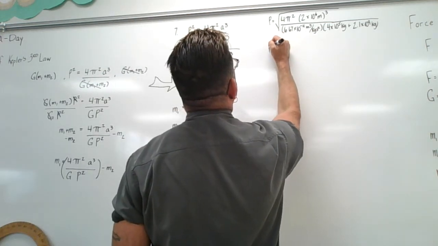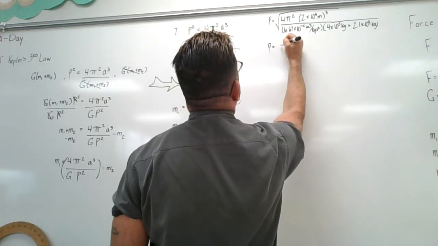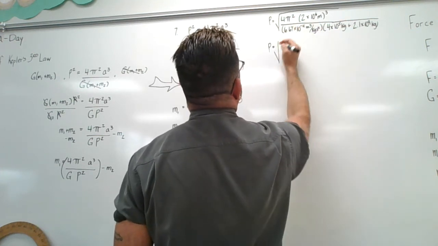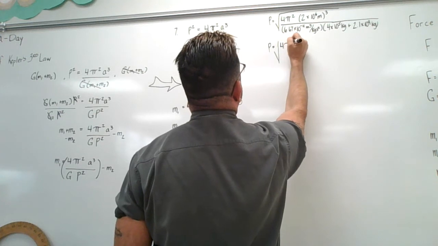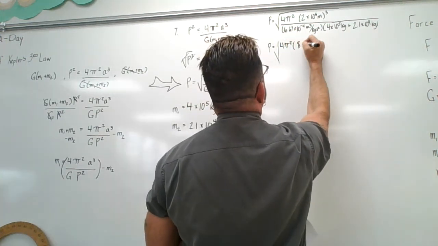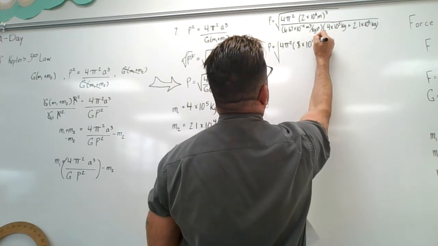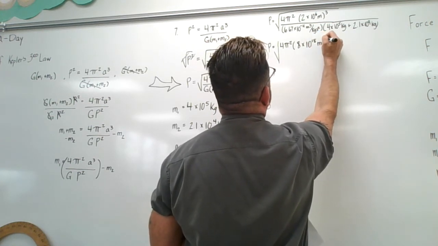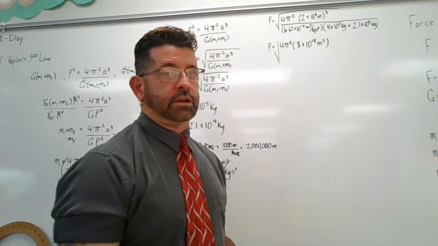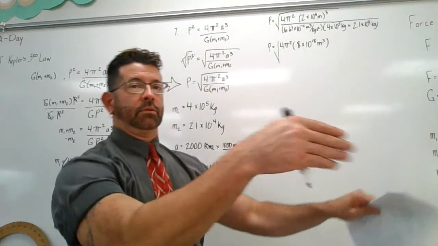So then we say P is equal to the square root. And now we just start calculating this stuff out. 4 pi squared. And you take the cube of that, and you get 8 times 10 to the 18th meters cubed. Because remember, that's like taking meters times meters times meters. All your units get cubed and squared right along with it.